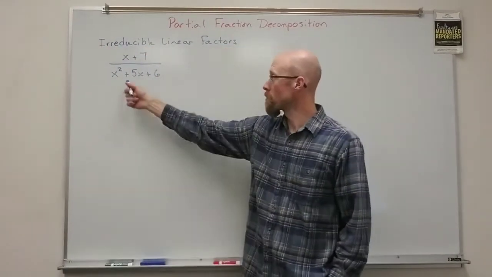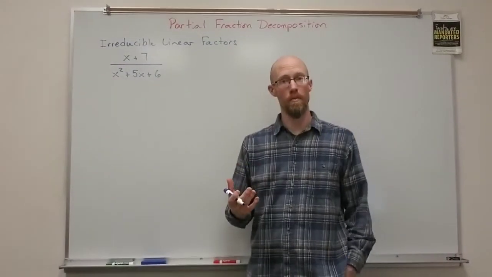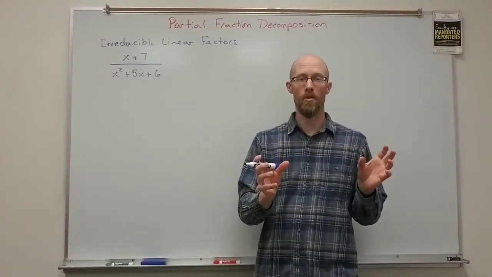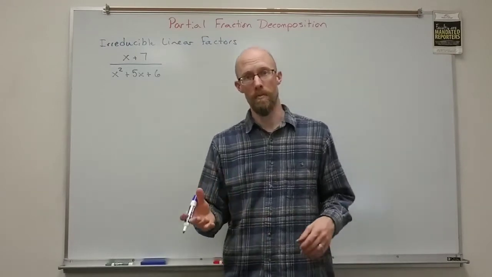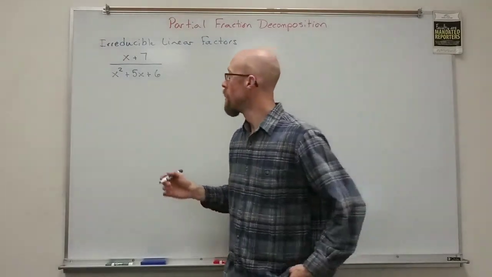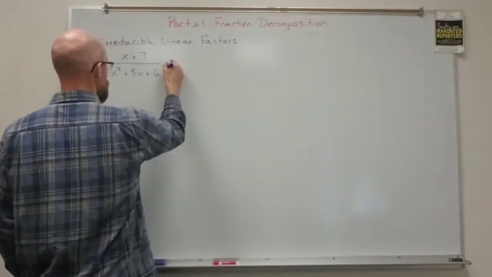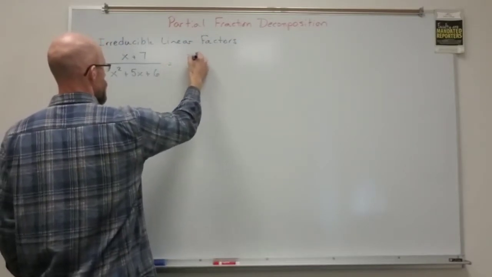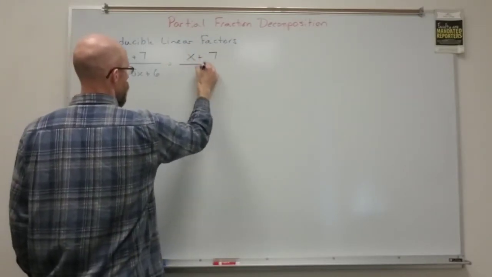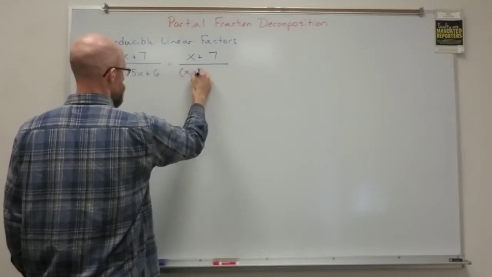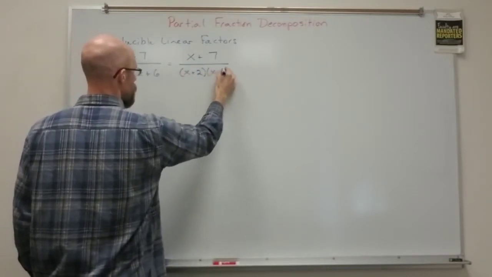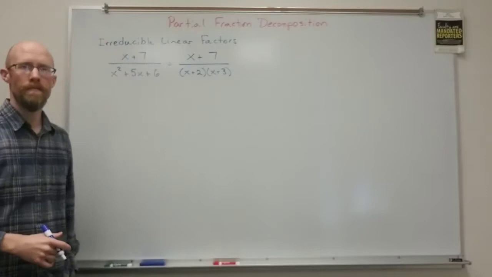Okay, so x squared plus 5x plus 6 is reducible because it can be factored into linear factors of x plus 2 and x plus 3. And so what we'll do is actually do that factoring. So this is x plus 7 over x plus 2 times x plus 3. Right?